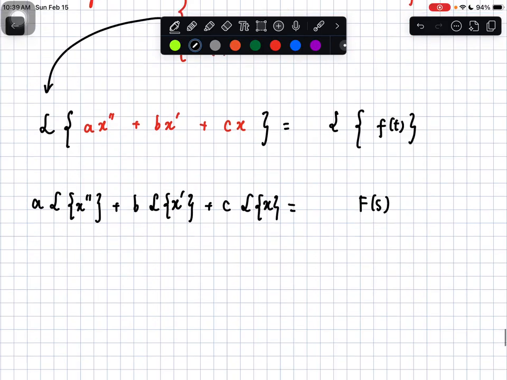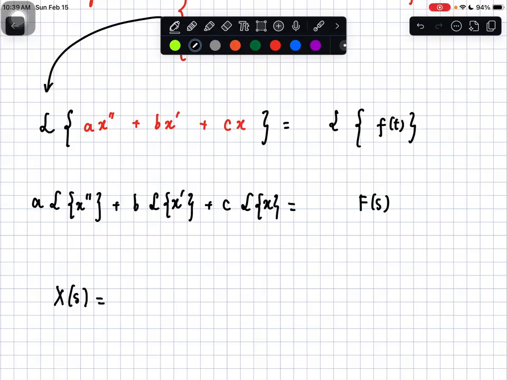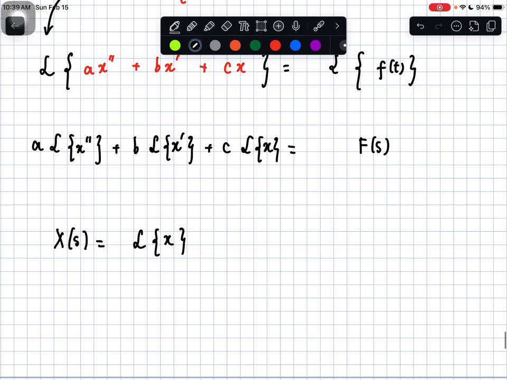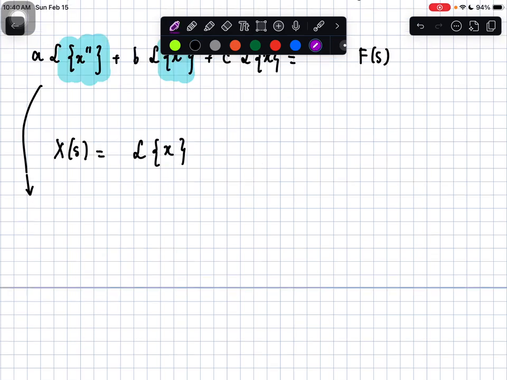So now let's denote big X the Laplace transform of small x. Now we have the Laplace transform of x double prime. You can use a table.